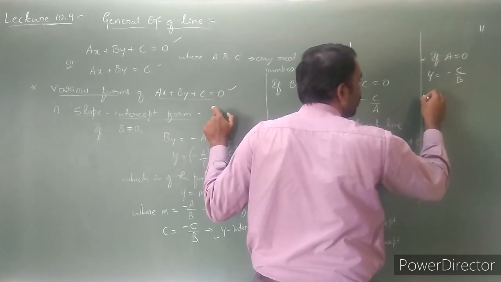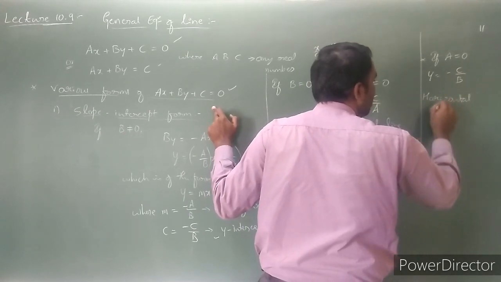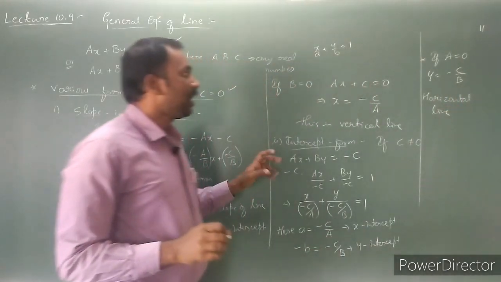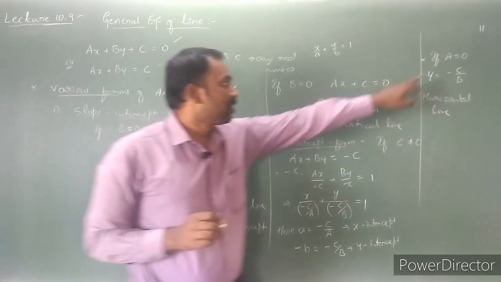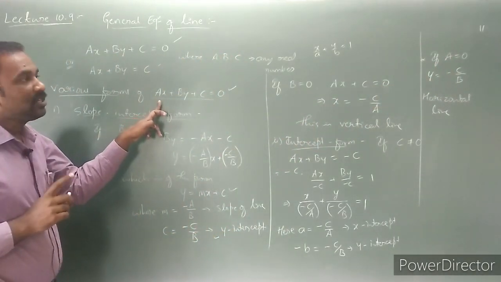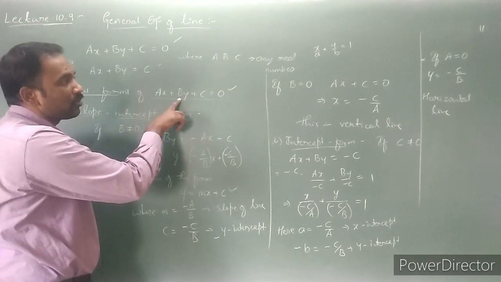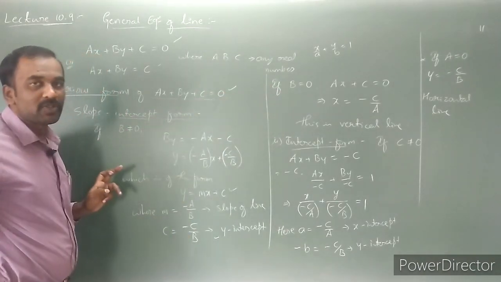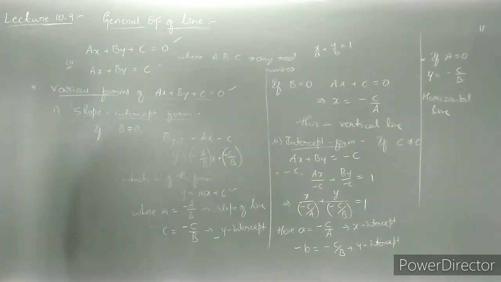This is the horizontal line. To get the horizontal line, a, which is the x coefficient, should be 0. To get the vertical line, b should be 0. So from the general equation, these are the forms.